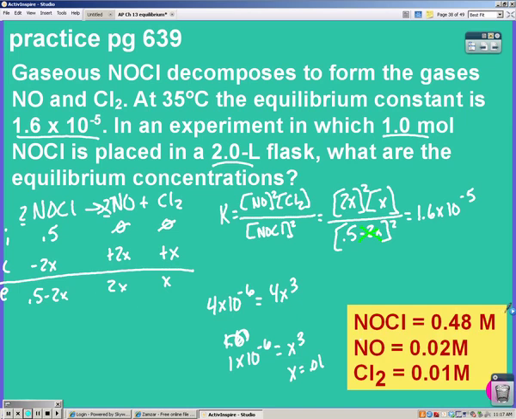Notice x was very small. So 0.5 minus 0.02 is not going to really matter. Plugging that in, you get those values for your equilibrium concentrations.